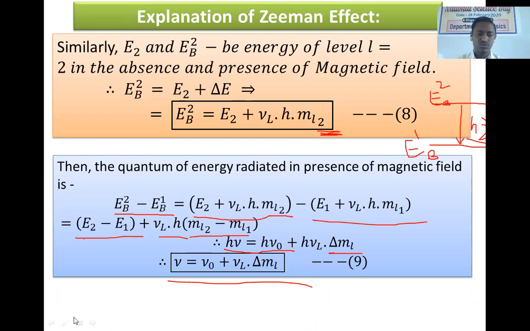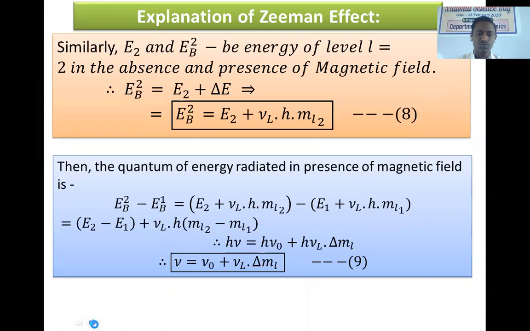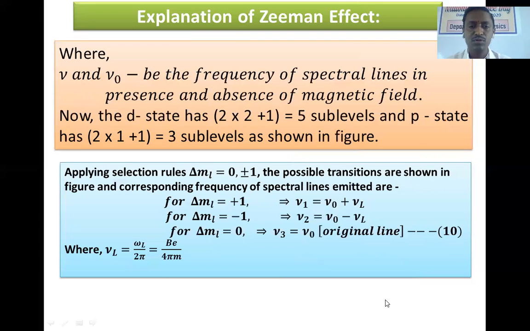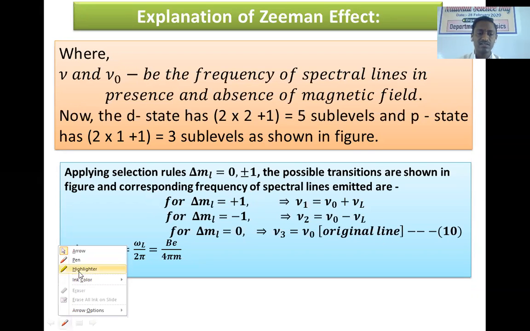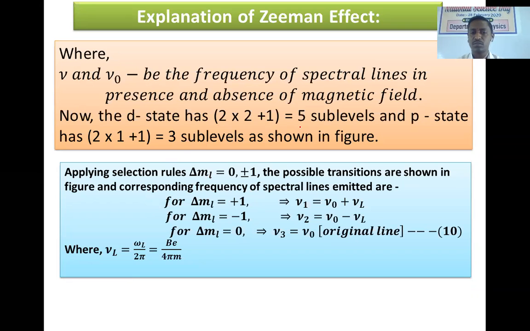So up till now we have calculated most of the equations. Now move towards the next few equations. Here we can see that nu is the frequency of the spectral line in presence of magnetic field, and nu 0 is the frequency of the spectral line in absence of magnetic field. I have told you already that the D state has 2L plus 1 sub levels. For the D state the value of L is 2, so 2 into 2 plus 1, that is 5 sub levels.